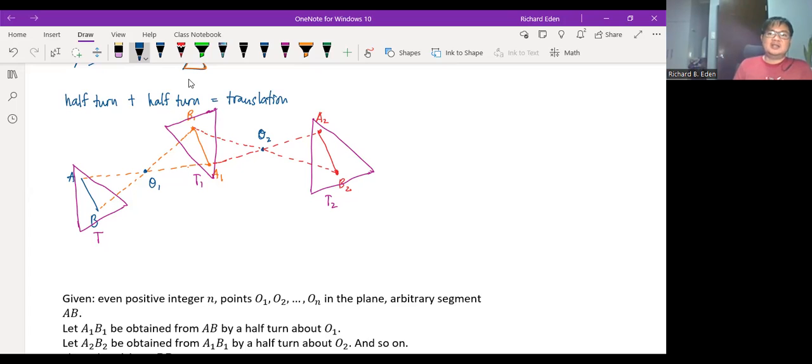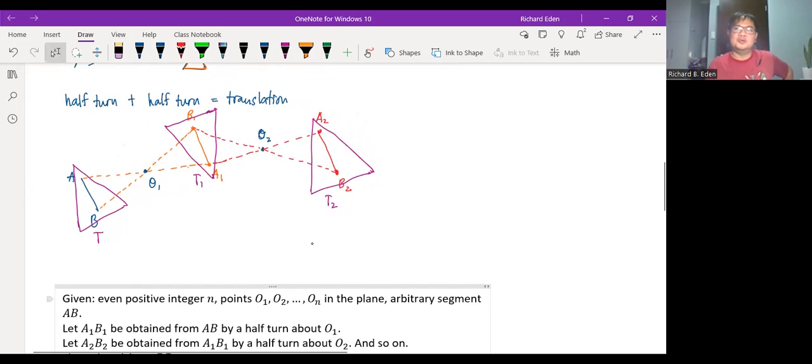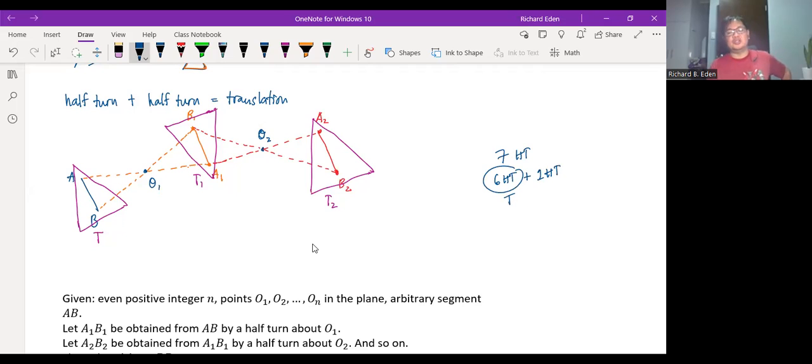However, if we're going to do in succession half turns, but there is an odd number of them, okay, then the result is that, well, I suppose, so, for example, 7 half turns: 6 half turns plus the single half turn, the 6 half turns would be a translation.